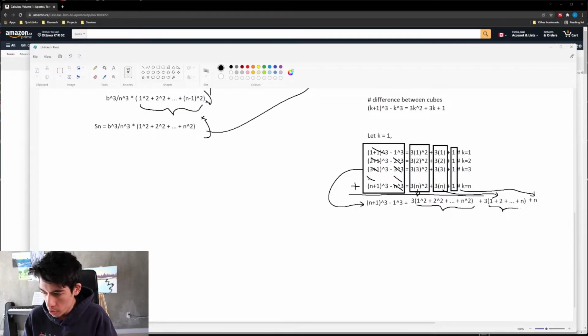Before we go about moving around terms, we can begin by simplifying this term right here, 1 plus 2 plus 3 plus 4, all the way up to n. And we can actually derive this as well. Lots of derivations.